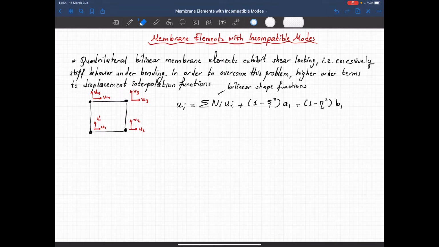Let's call it A2. And the vertical displacement interpolation will be, again, the bilinear shape function plus the same type of higher order terms.